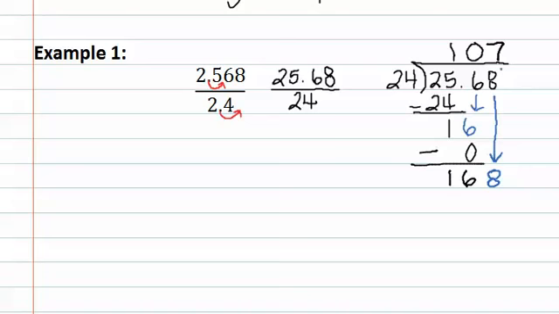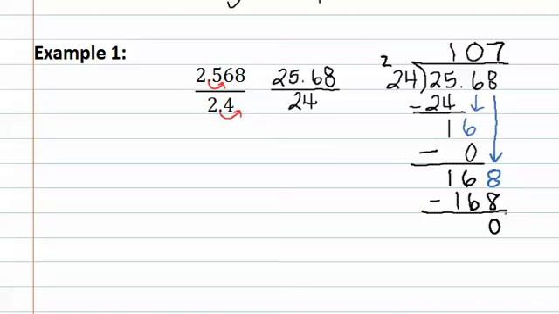We then multiply to see if this is true. 7 times 4 is 28. 7 times 2 is 14, plus 2 is 16. It happens that 24 times 7 is exactly 168. So when subtracting, we get a 0. When we have reached a point where we have gotten a 0, we know that our division has been completed.